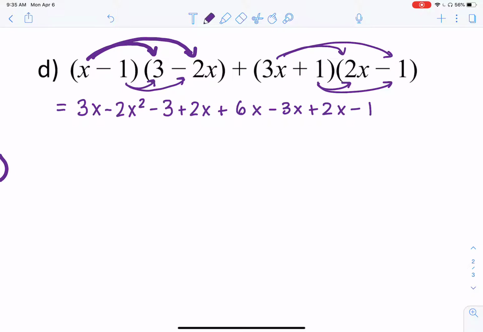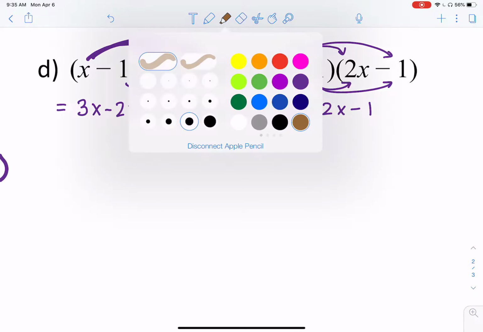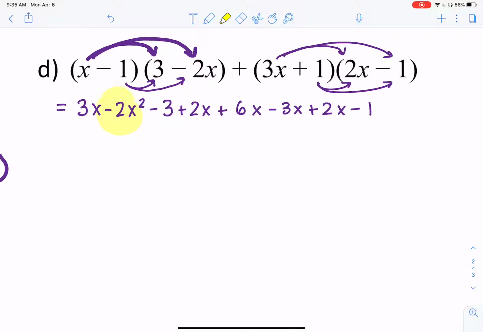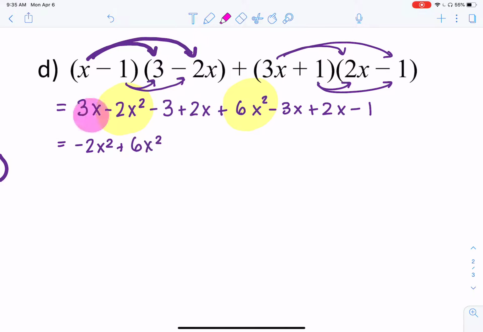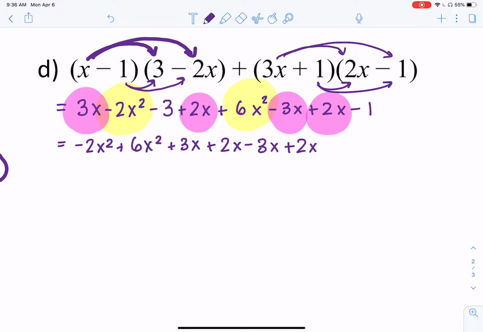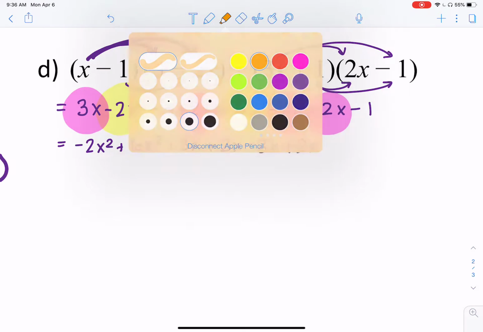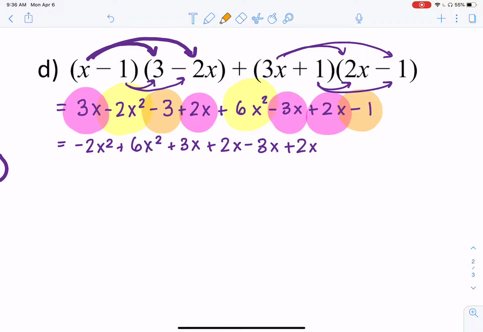And now we need to start collecting our like terms. So we'll start by putting them in order. So we'll start by looking for all of our x squareds. And then our x's. And finally, our constants.